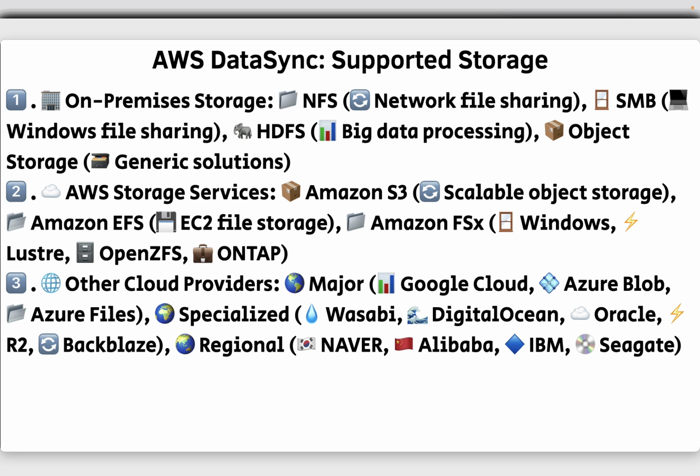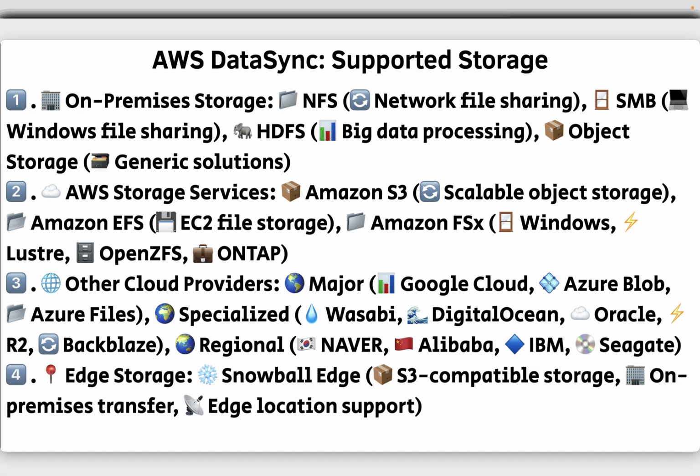These include Google Cloud Storage, Microsoft Azure Blob Storage for unstructured data, Microsoft Azure Files for cloud-based file shares, Wasabi Cloud Storage known for its cost effectiveness, DigitalOcean Spaces, which is their object storage offering, Oracle Cloud Infrastructure Object Storage, Cloudflare R2 Storage, Backblaze B2 Cloud Storage, Naver Cloud Object Storage, Alibaba Cloud Object Storage Service, IBM Cloud Object Storage Service, and Seagate Lyve Cloud.